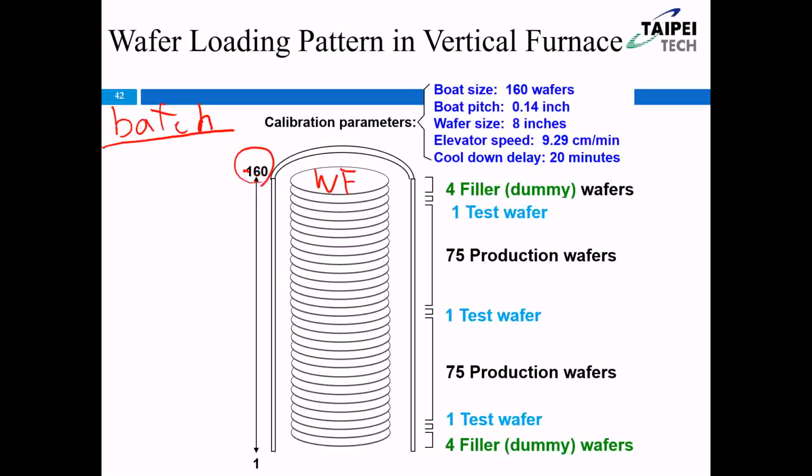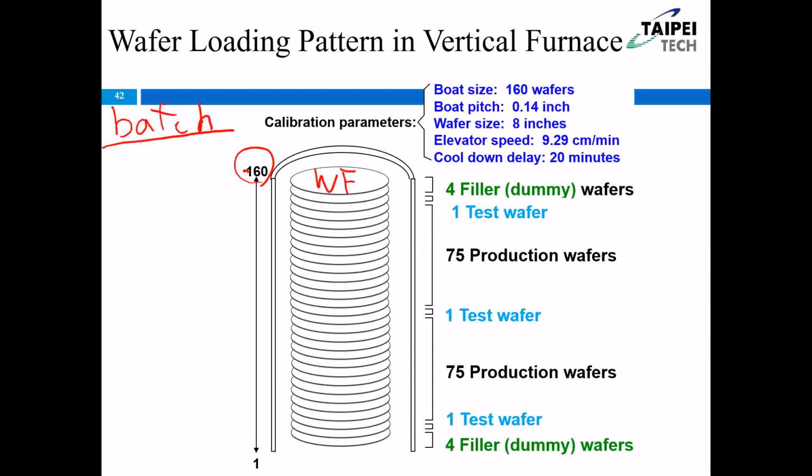The numbers here, you don't need to memorize, okay? For my final term exam, you don't need to remember this detail, because it's not accurate for the IC fab. But I show you this pattern. I think the most important thing is that you know some basic information, not the real numbers. Today, it's a batch system for the vertical furnace.